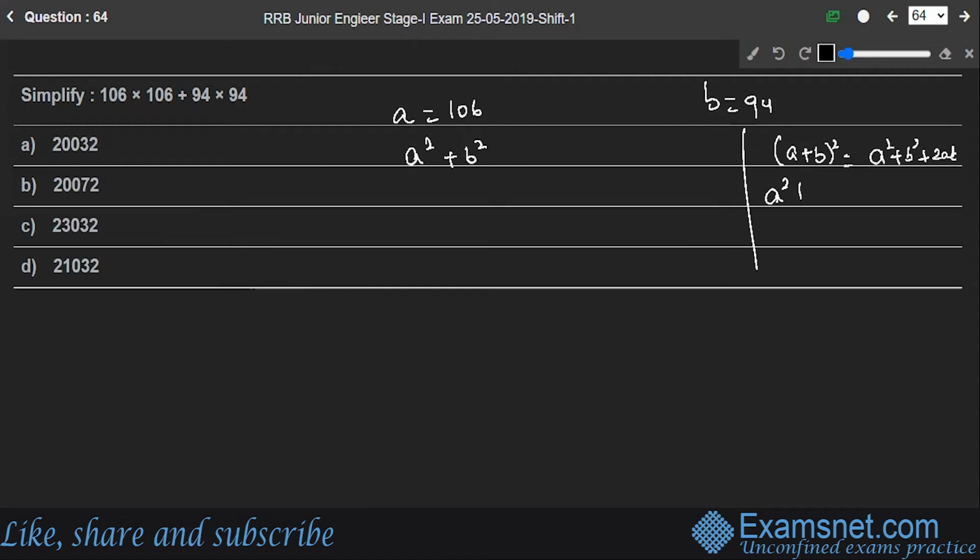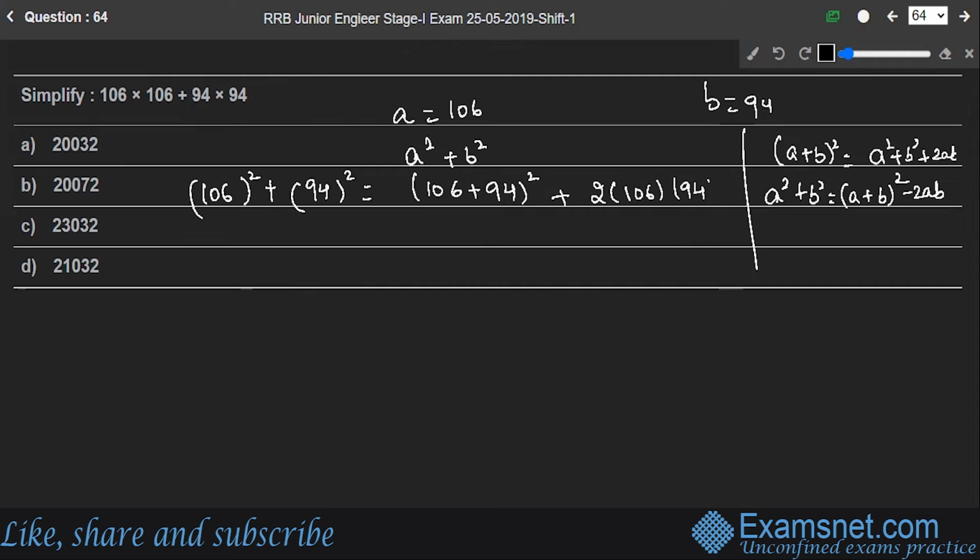So that means A square plus B square is equal to A plus B whole square minus 2AB. Correct? So you have 106 square plus 94 square equal to 106 plus 94 whole square minus 2 into 106 into 94.